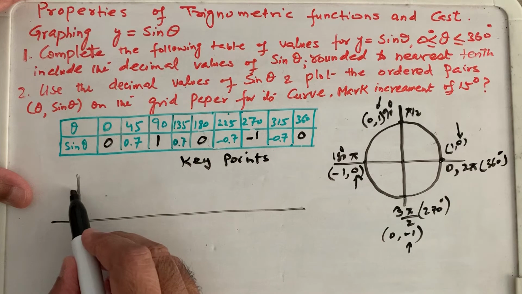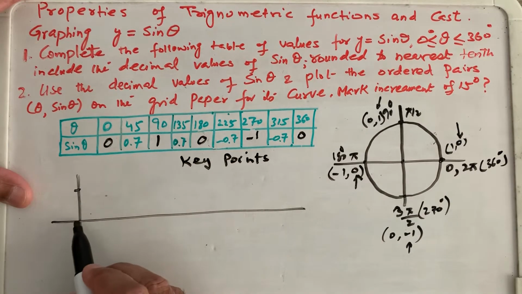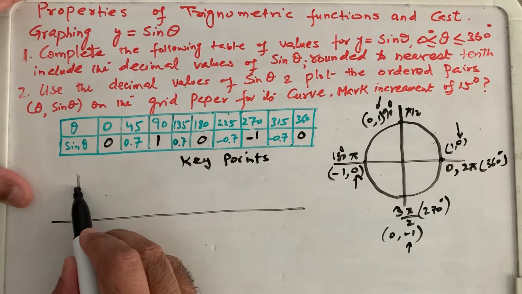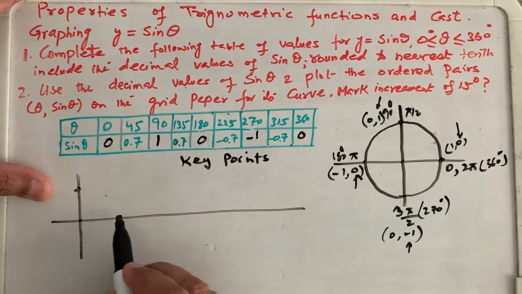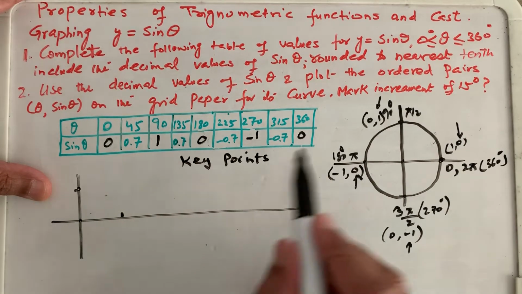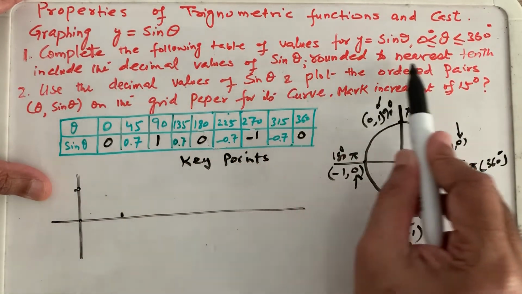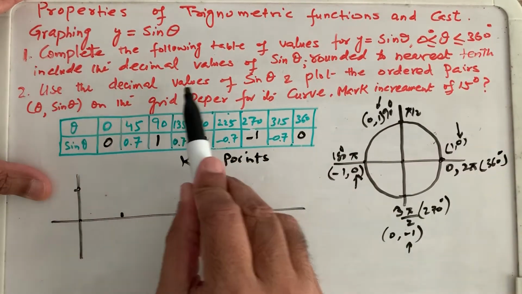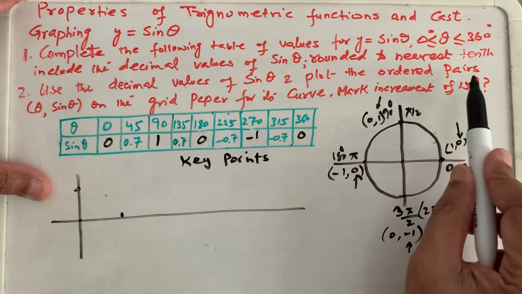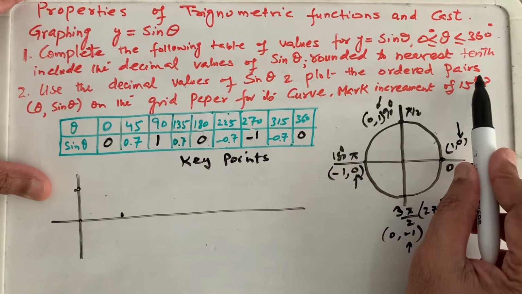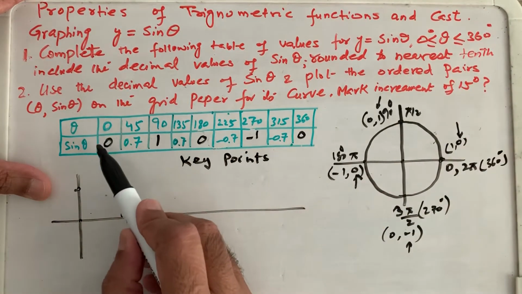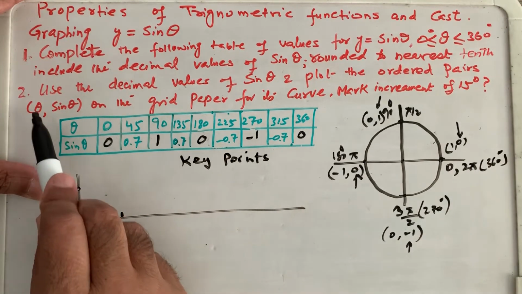The question says to complete the following table, round sine theta to the nearest tenth, use the decimal value of sine theta and plot the ordered pairs. So we have to plot these ordered pairs, theta and sine theta.